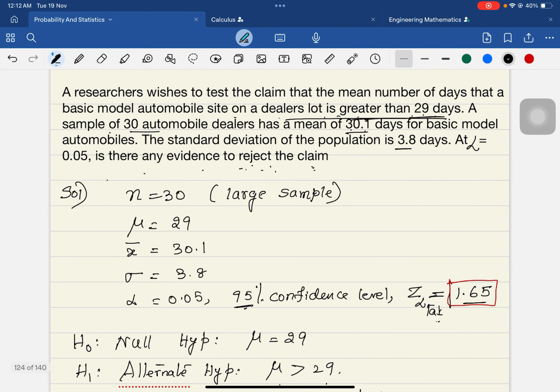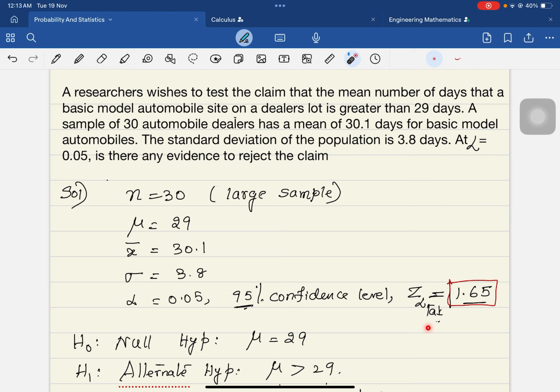So this is the way of understanding the problem. When you are writing, the first thing to understand is whether it is a small sample or a large sample. After that, you find out all the inputs, and 0.05 means a 95% confidence level, and you write down the Z alpha value.